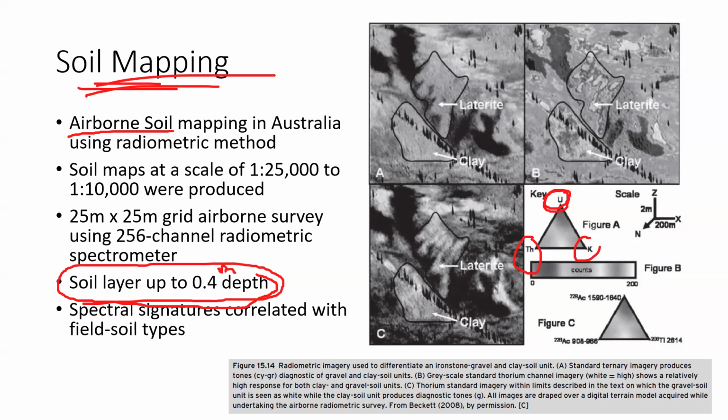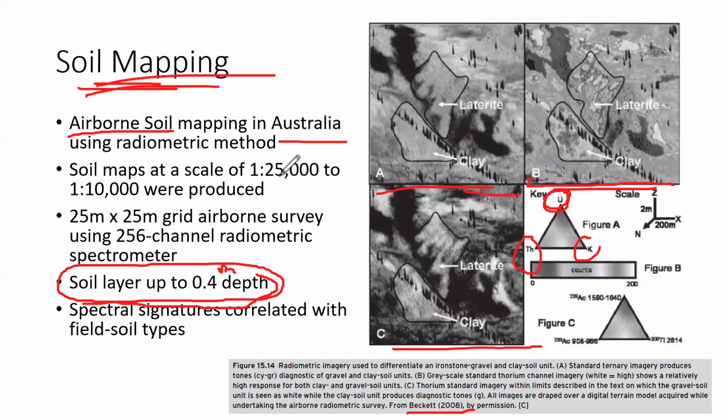In this case study from Beckett 2008, this is a study in Australia. If you're familiar with Australia, it's a very big land mass, and its area is almost equal to the total land area of Southeast Asia. Mapping the soils of Australia using conventional methods would, of course, be challenging.